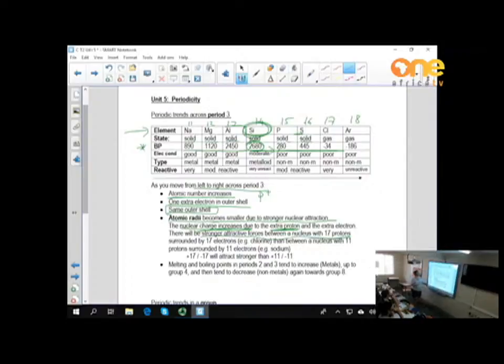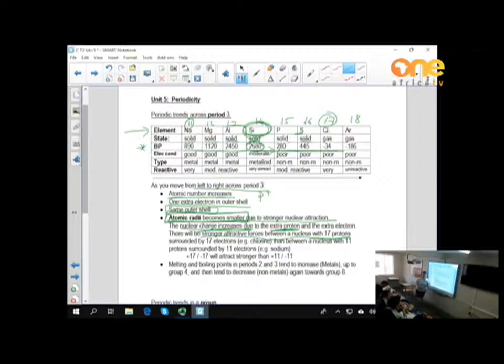If we have something, for example, with 17 protons, let's say chlorine, it's got 17 protons and 17 electrons, and if you compare it to something with 11 protons and 11 electrons, the force over here is going to be stronger, trying to pull them in closer. So very simply, we find then that the atomic radius becomes smaller.